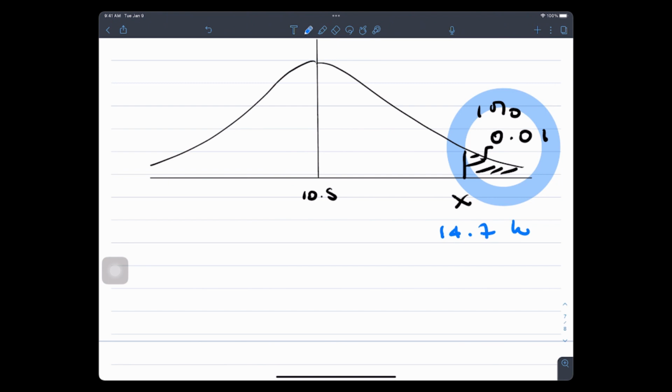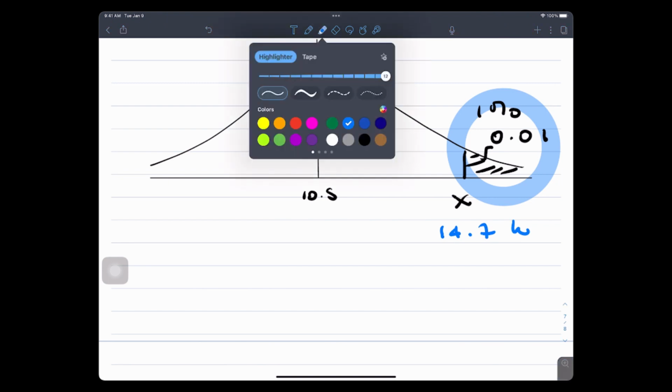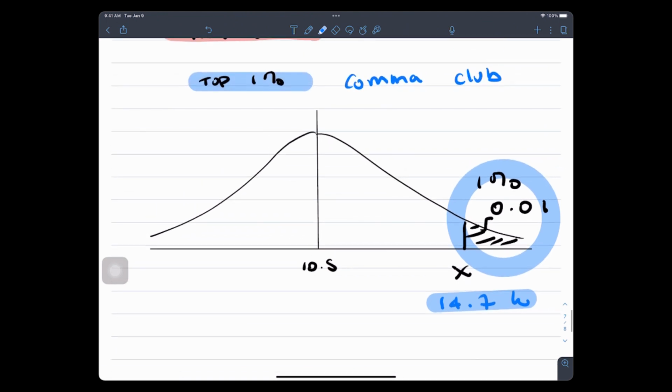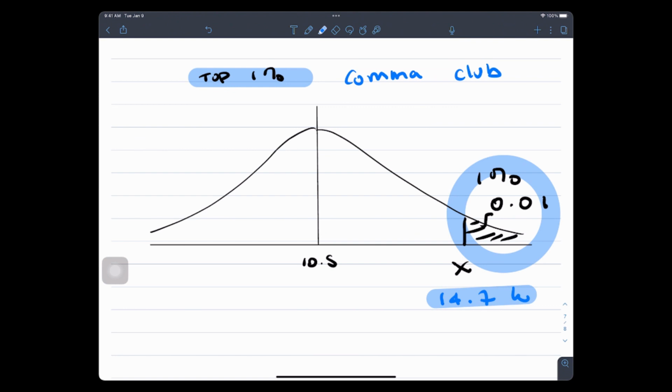So, ladies and gentlemen, here's the deal. If you sleep at least 14.7 hours, you can join the coma club. Okay, top 1% of sleepers. All right, let's do the default just in case, because there might be people that don't have that fancy version.